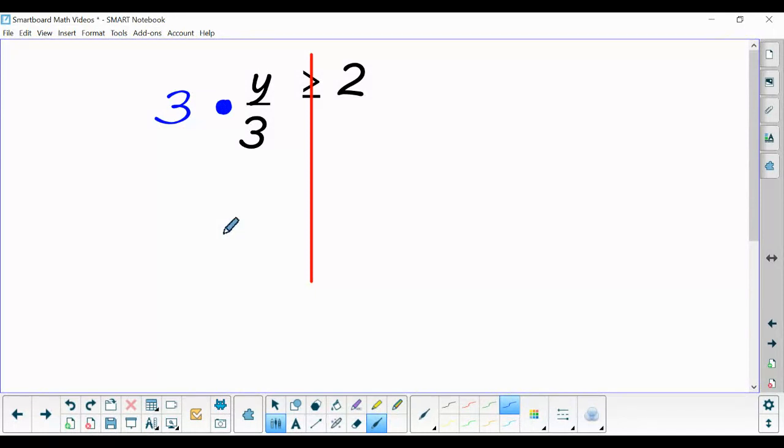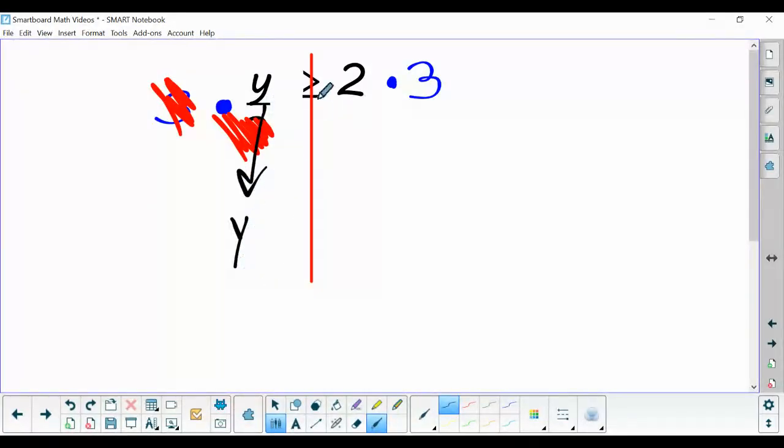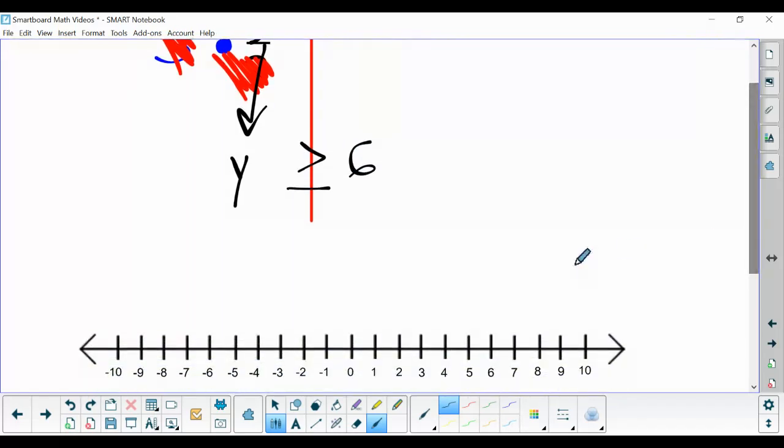Again, if it's done to one side, it must also be done to the other. What happens then, which I've gone over before, is these two cancel each other out, leaving you with Y by itself. This inequality sign you bring down, just like you would if it were an equal sign. And of course, what's 2 times 3? 6.